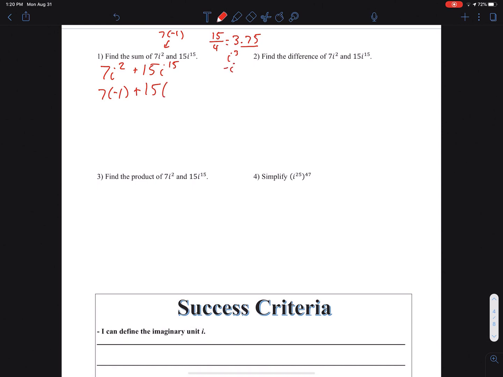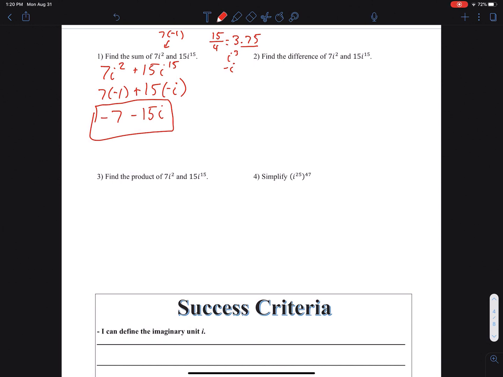So I'll plug in -i in for i to the 15th. And I'll simplify that. So that would be -7. And then 15 times -i would be -15i. And that would be our simplified answer. So always simplify the powers of i before you add, multiply, divide, or subtract anything.